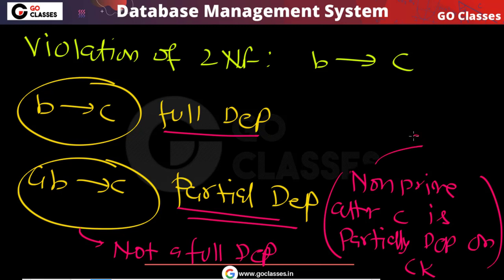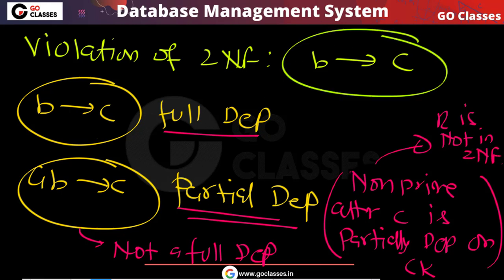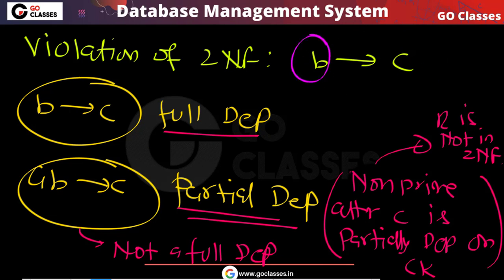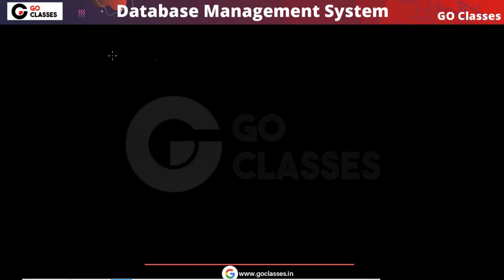This is the reason R is not in 2NF. And I told you this is just the violation. Why is this a violation? Because this is a proper subset of the candidate key. The candidate key is AB.